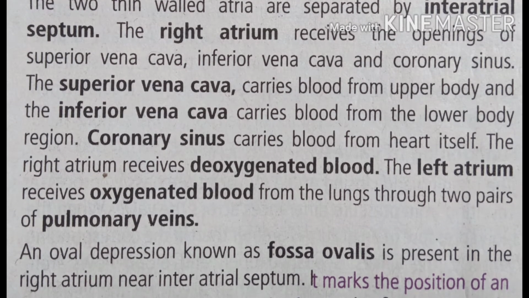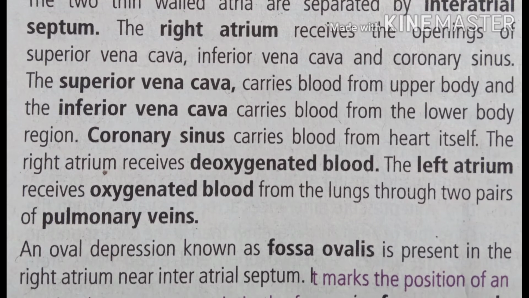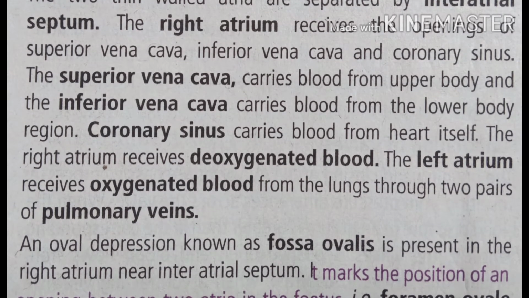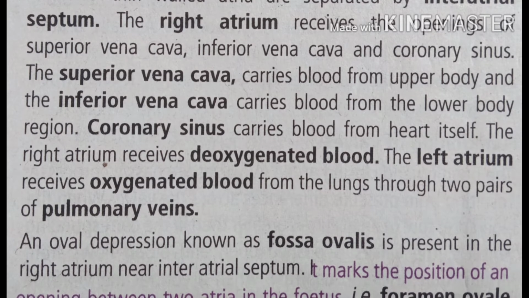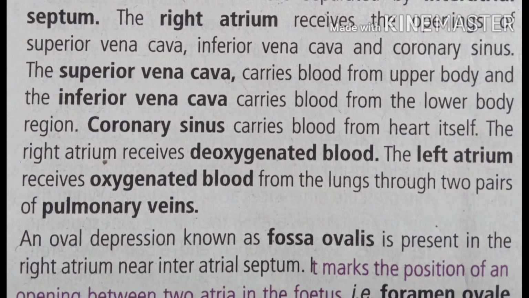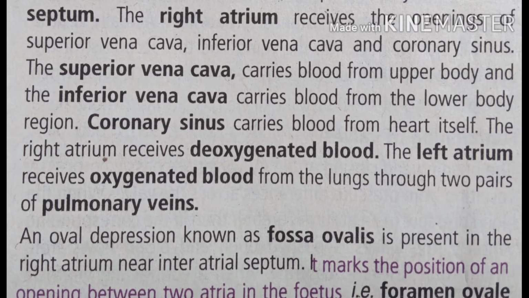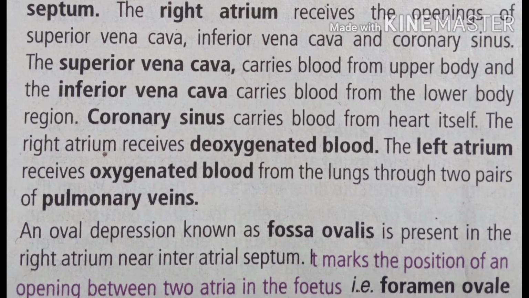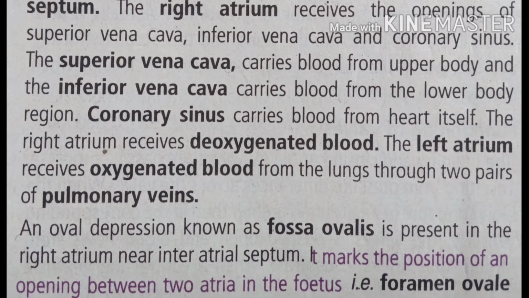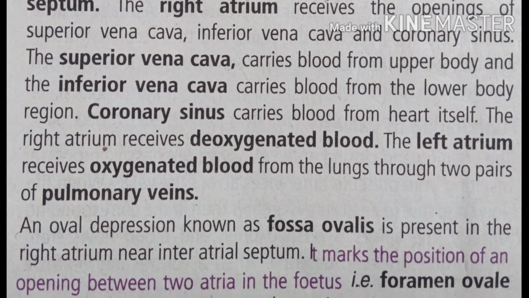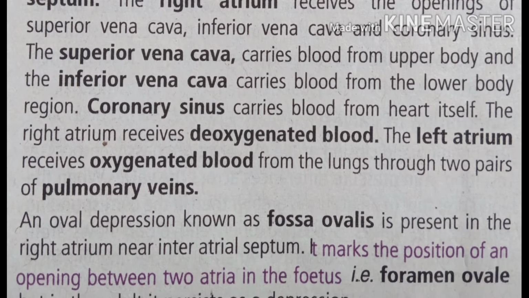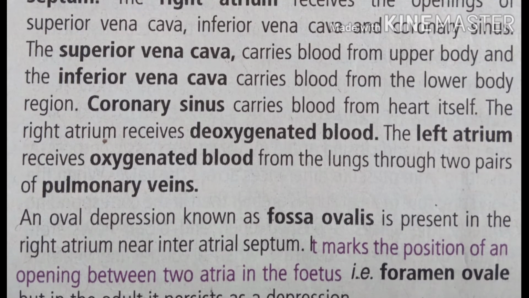The right atrium receives deoxygenated blood. The left atrium receives oxygenated blood from the lungs through two pairs of pulmonary veins. An oval depression known as fossa ovalis is present in the right atrium near interatrial septum.